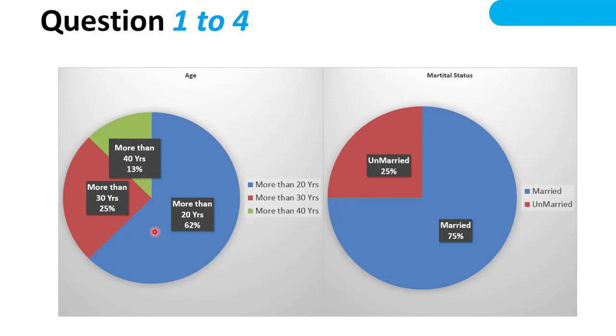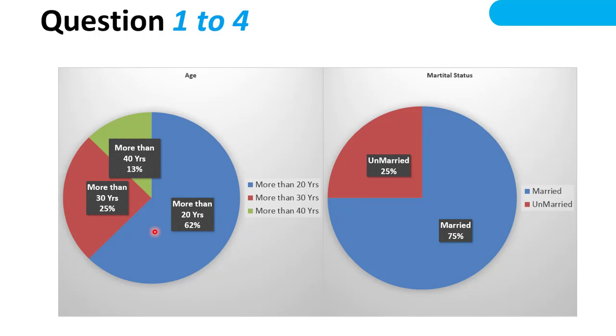There is some graphical analysis of how many percent of the people are using this app. People more than 40 are 13%, more than 30 are 25%, and more than 20 years are 62%. So it means young people are using this application.